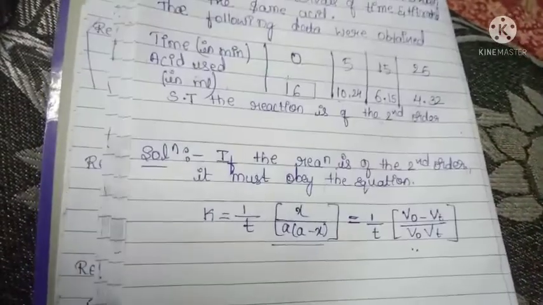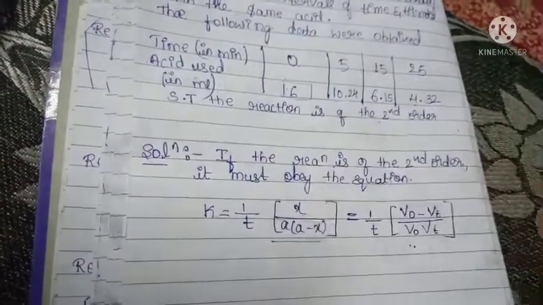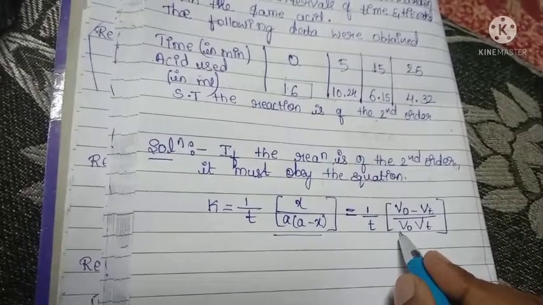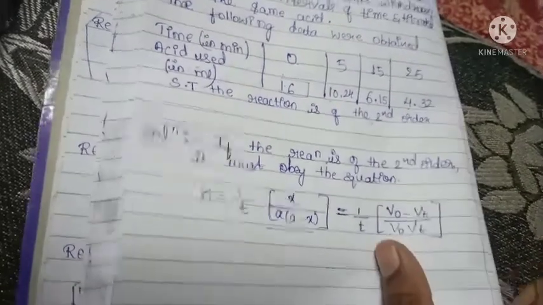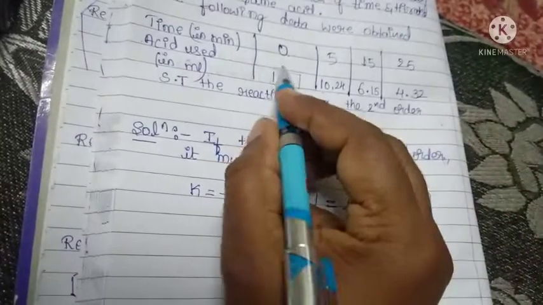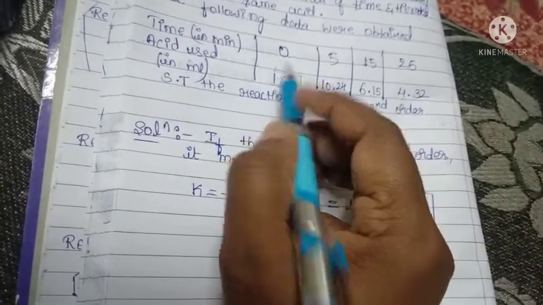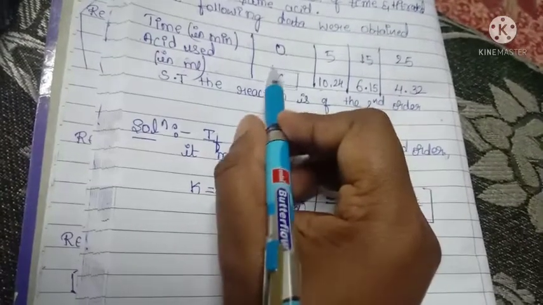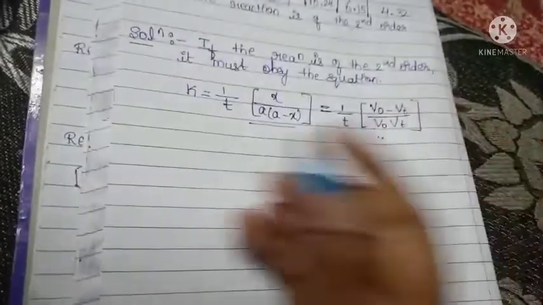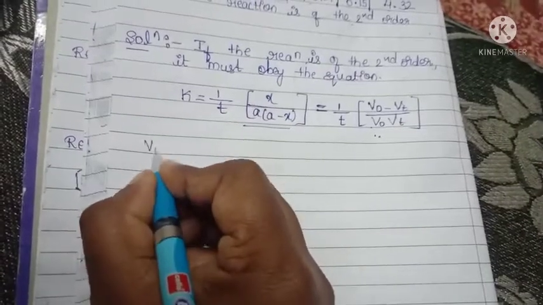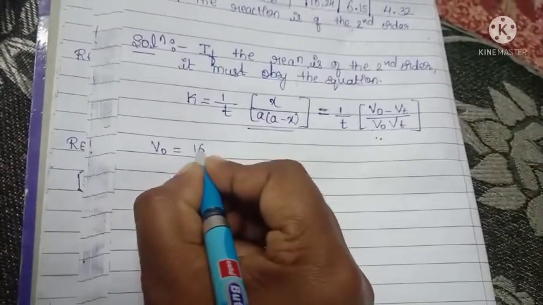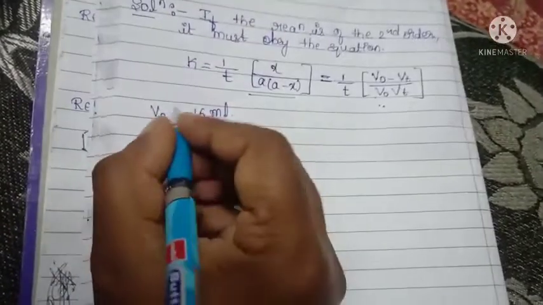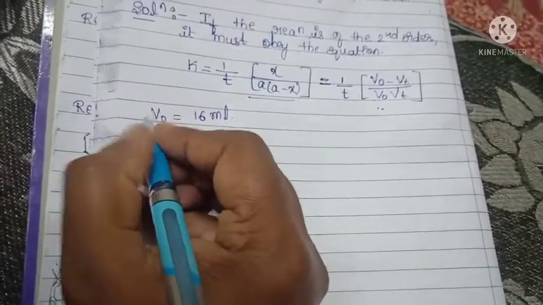Here you have to observe the V naught. V naught is what? That is the initial volume. That means the acid before the timing starts, that is V naught. Okay, V naught is equal to 16 ml.